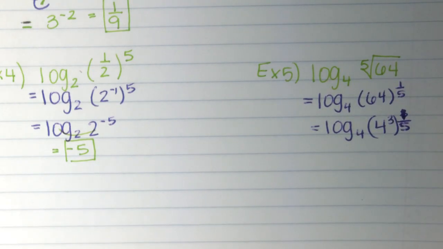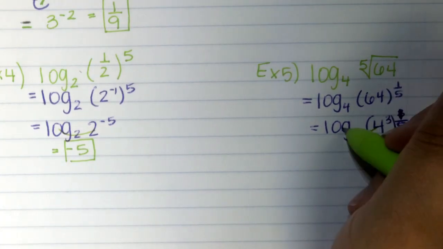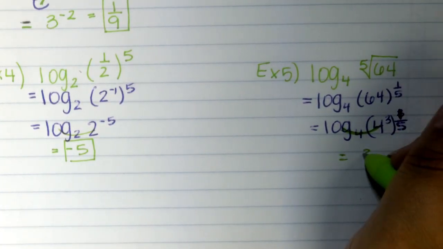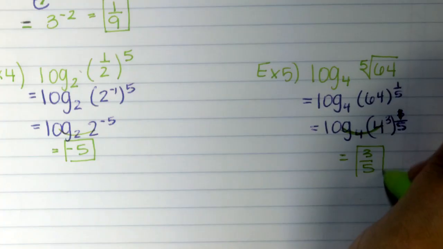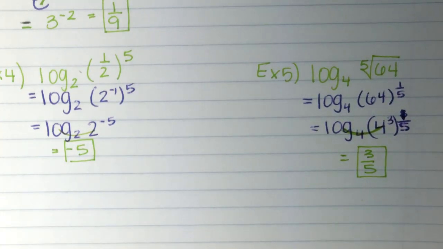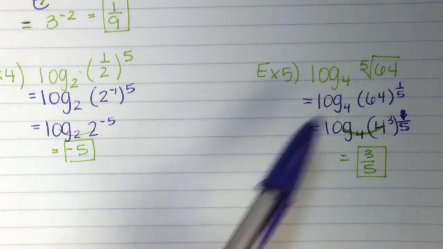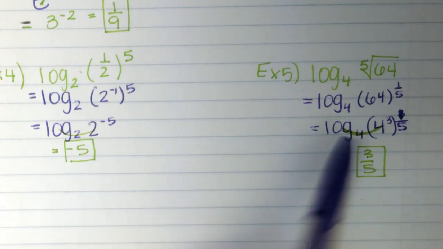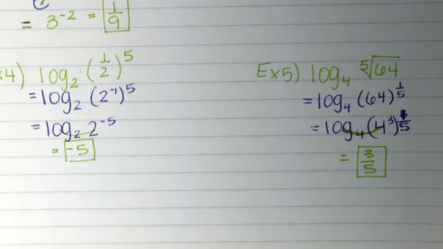And what can I do here? I can just cancel them. And that gives me 3/5. You could move it out and put it 3/5. Again, I'm doing extra steps just because it's notes. You don't need this many steps sometimes.